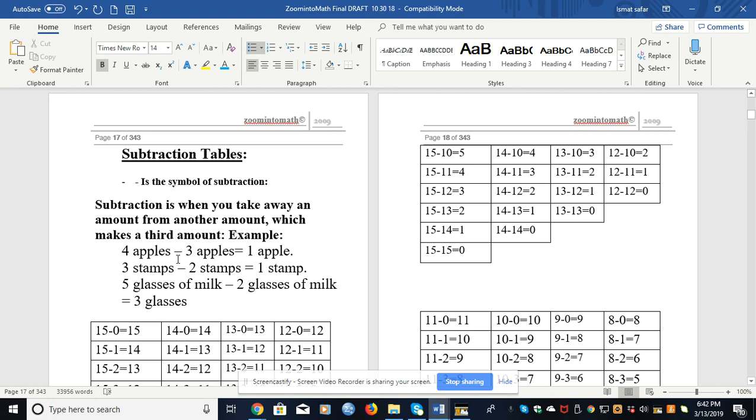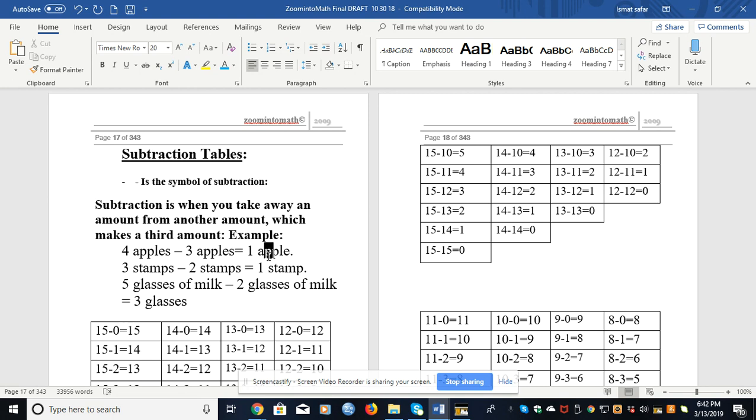Like you have 4 apples, right? You take 3 apples from those 4 apples. So what we have here is 1 apple.